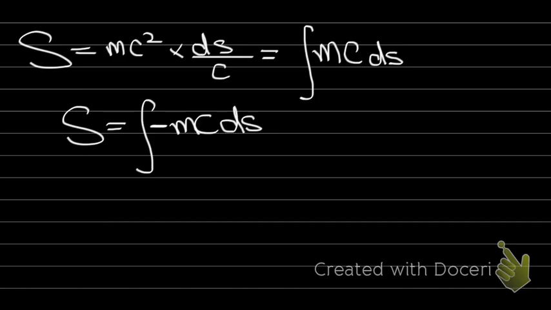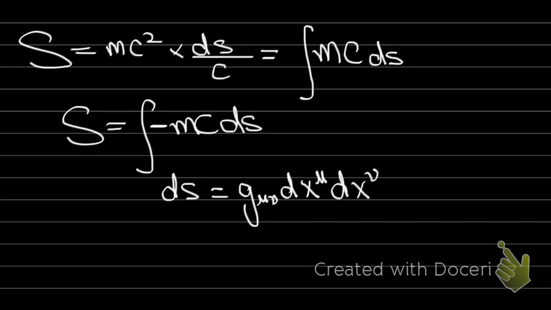So we also know that ds, which is the space-time separation, can be written in tensor form as g mu nu dx mu dx nu. I actually wrote this in my video on the proper time and proper velocity.